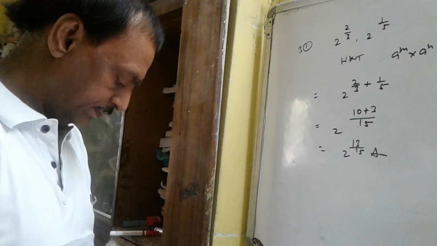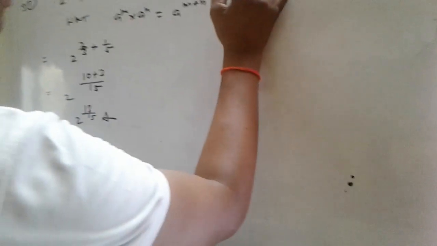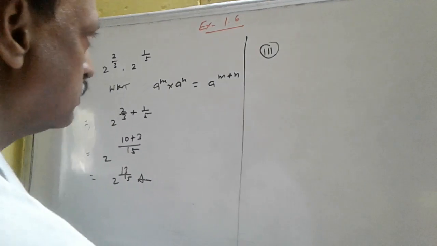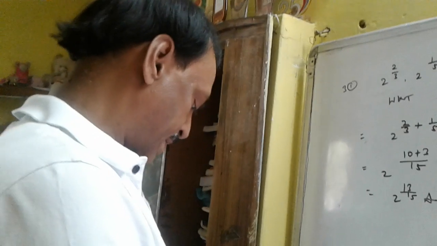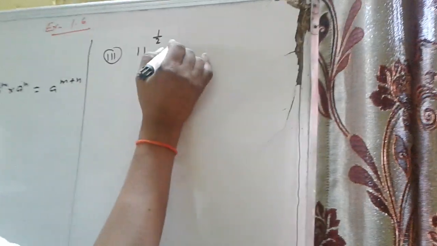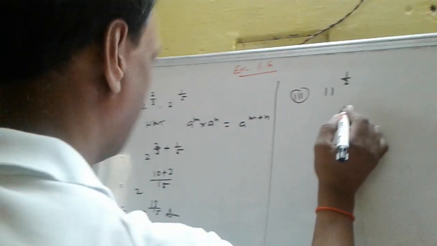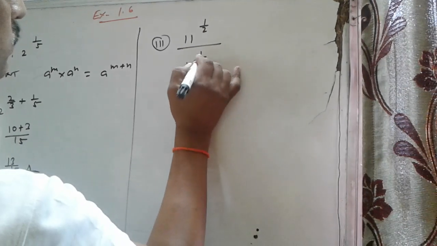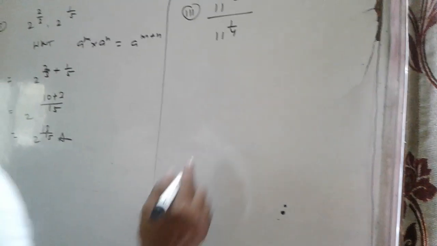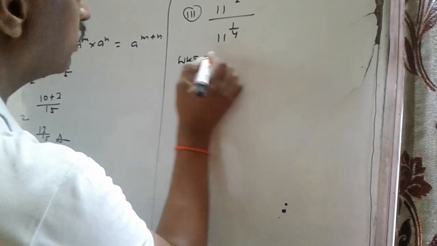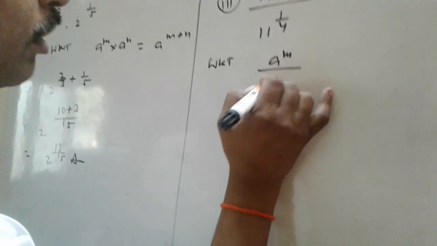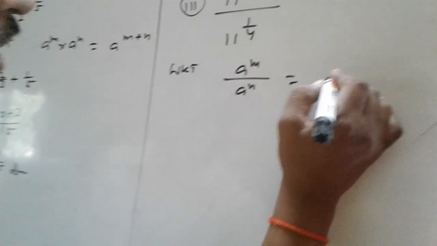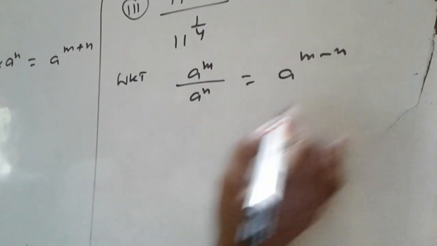Next question, we are taking question number 3 here. 11 to the power 1 by 2 upon 11 to the power 1 by 4. Sign of division is here. So the formula is, we know that a to the power m upon a to the power n equals a to the power m minus n.